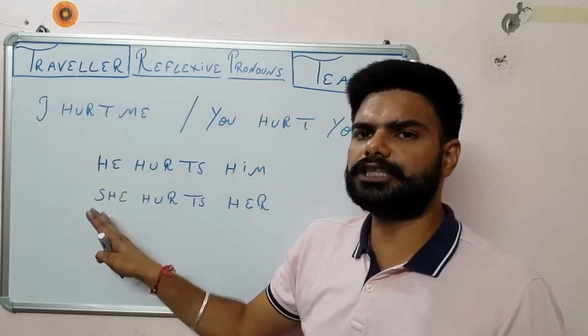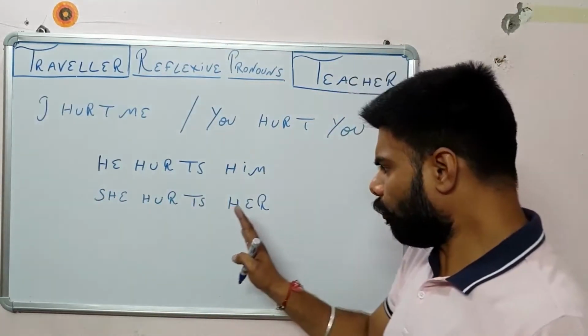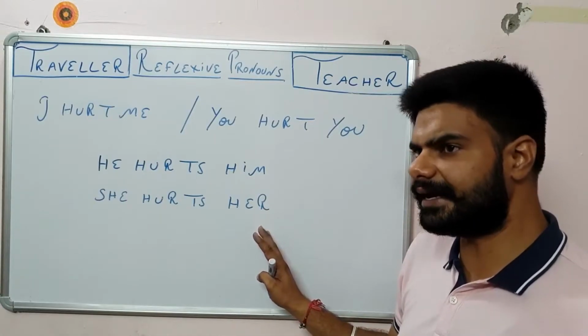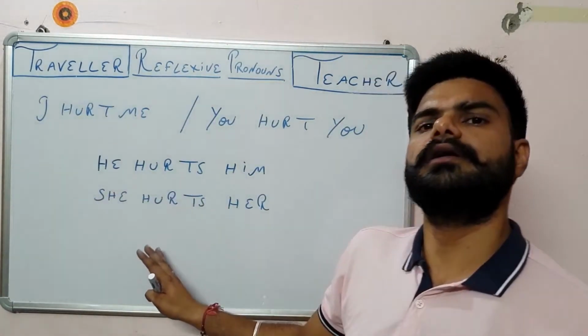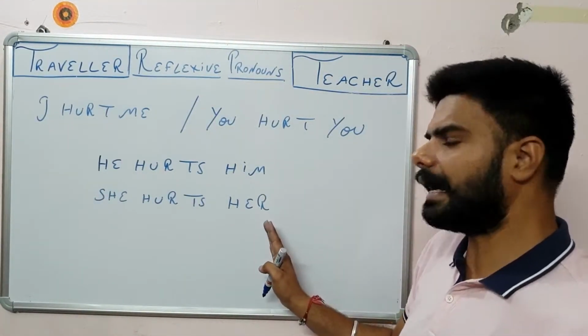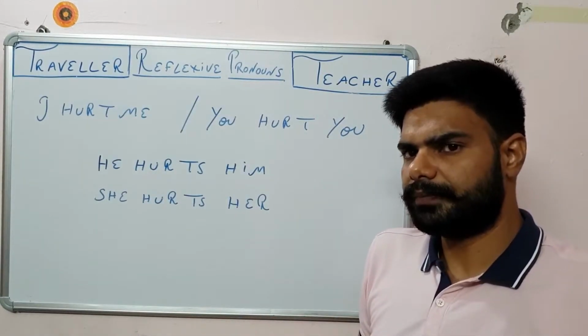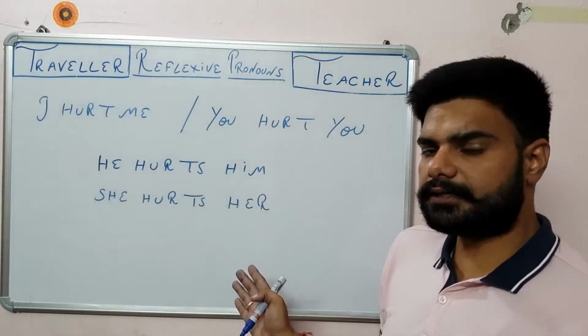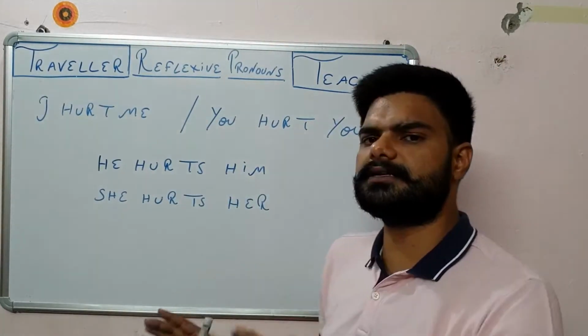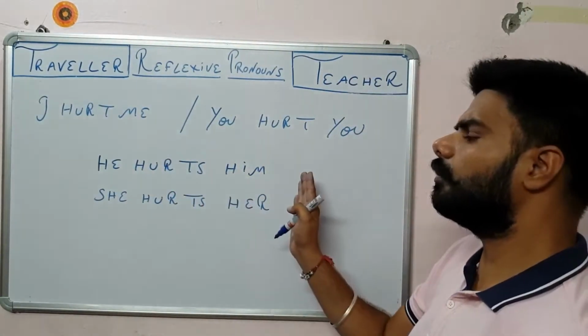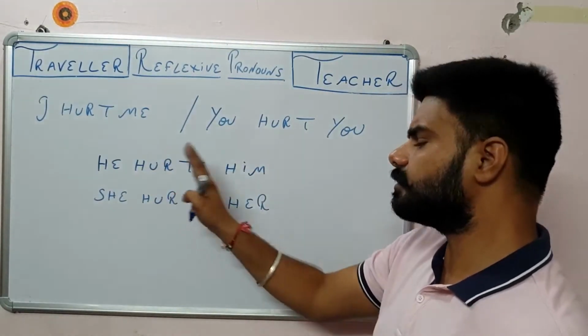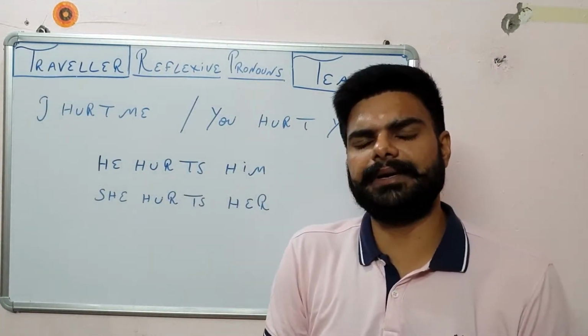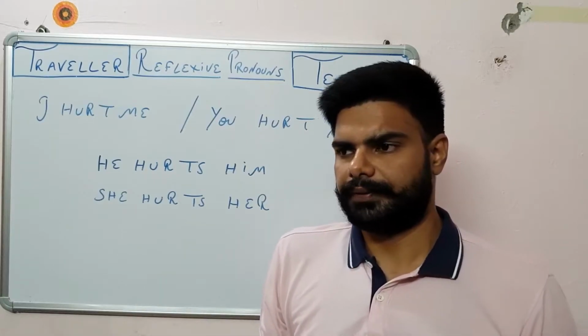But when we say she hurts her, now it is not necessary that she is going to hurt herself, because her can be her friend also. She hurts her friend, so that means she hurts her. It's not always necessary that she is going to hurt her own self. He is not going to hurt himself, but she hurts him. That means him can be any other person also.